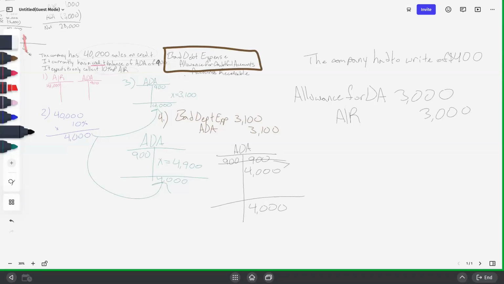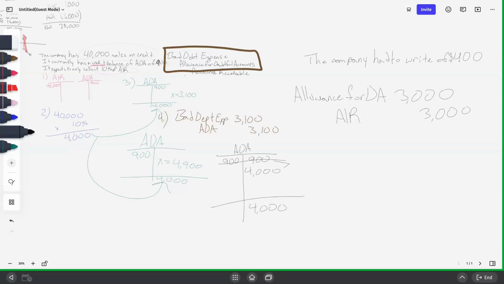And the normal balance for an allowance for doubtful accounts is a credit, so we have to bring it back over. We have to balance it out, and then get to 4,000. So essentially we went 900 over, which will be our debit. But we have to make that a 4,000 credit to match the 4,000 from earlier, so we have to add that.